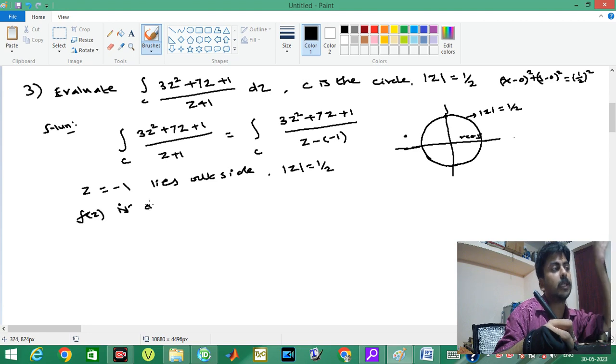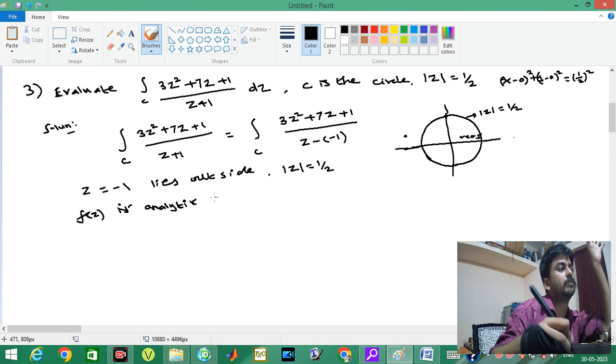Okay, so f of z is analytic, and this analytic means it is analytic everywhere over the curve C or inside the curve C, not the point lying outside the curve. Okay, we are not supposed to worry for that.